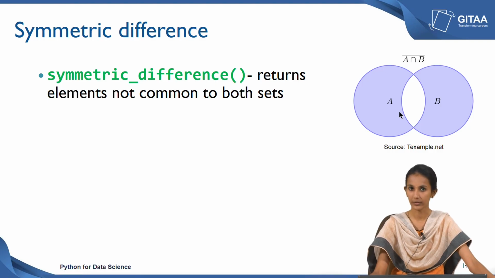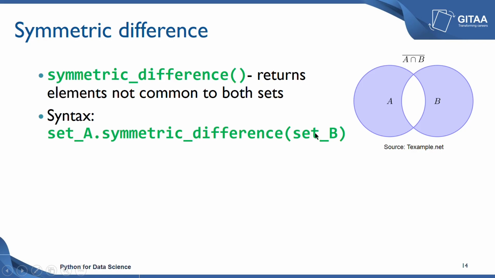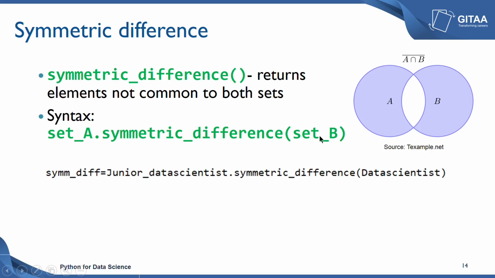In this case, we will first look at the syntax: set_A.symmetric_difference(set_B). I am storing it in a variable called symmetric_diff, using junior_data_scientist.symmetric_difference and specifying set B. We already found the intersection value, which is R, Python and Tableau, so the remaining elements are Scala and Java.